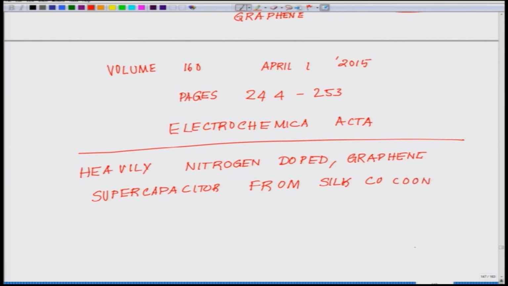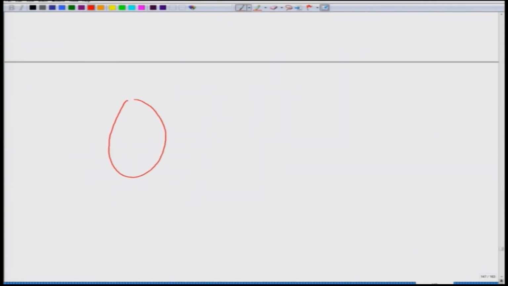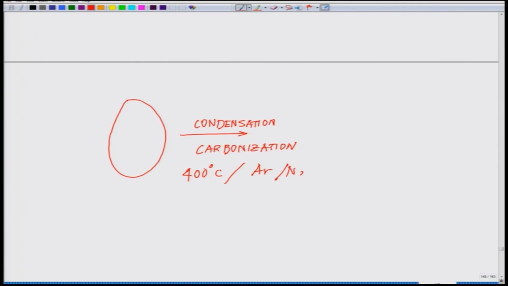Okay. So, by a very simple technique, using a simple silk cocoon, and there are processes which are following condensation, carbonization, which is basically the pyrolysis, 400 degrees centigrade in argon or nitrogen environment.